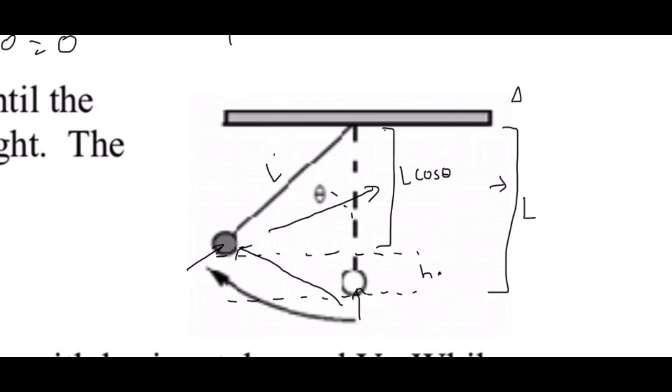So our change in height is going to be L minus L cosine theta, right? So if that's the change in height, that means our change in potential energy would have to be mg times this change in height, or just L minus L cosine theta.